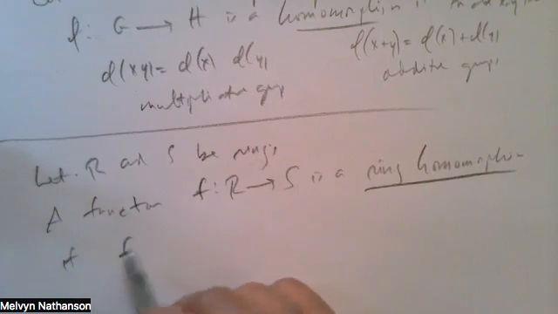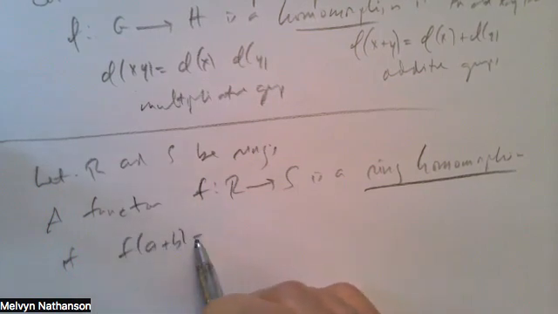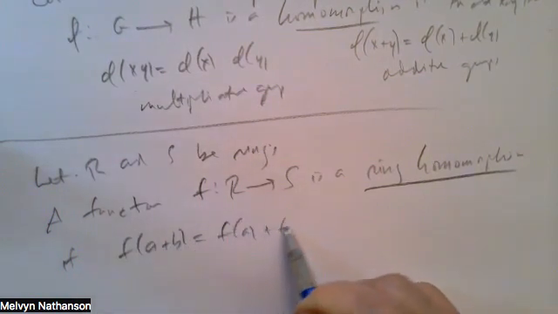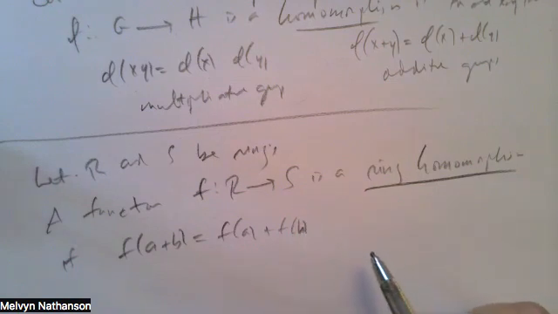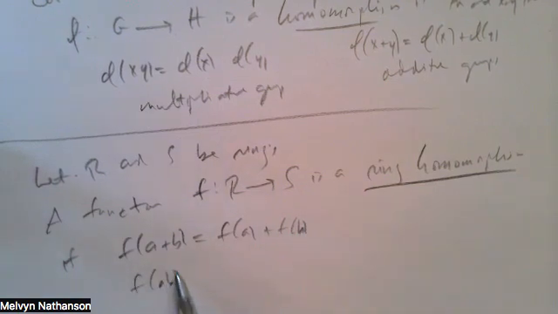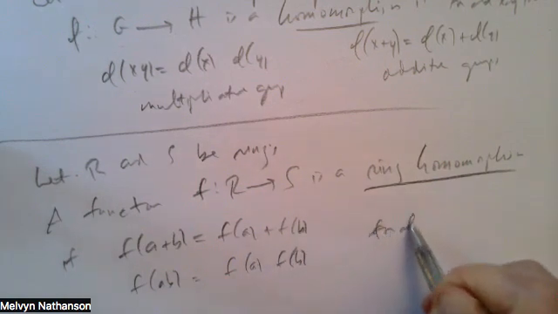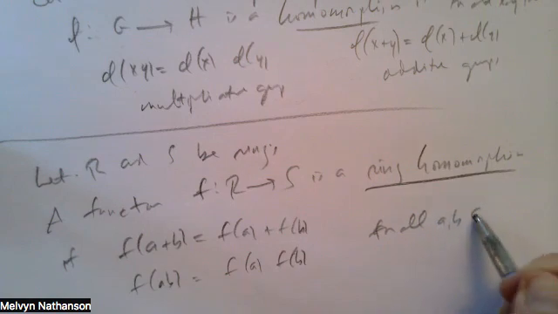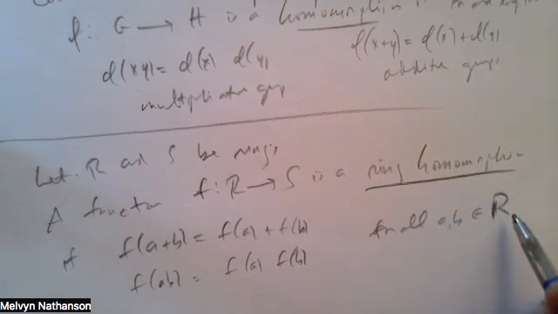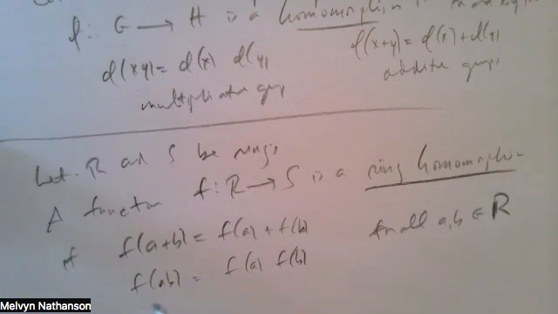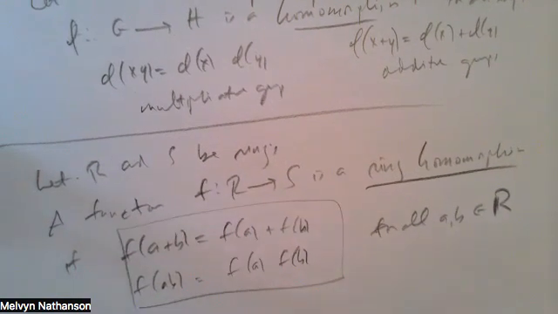So if f of a plus b is f of a plus f of b, and f of a times b is f of a times f of b, for all elements a and b in the ring R. So a function that behaves properly with respect to addition and multiplication is a ring homomorphism.